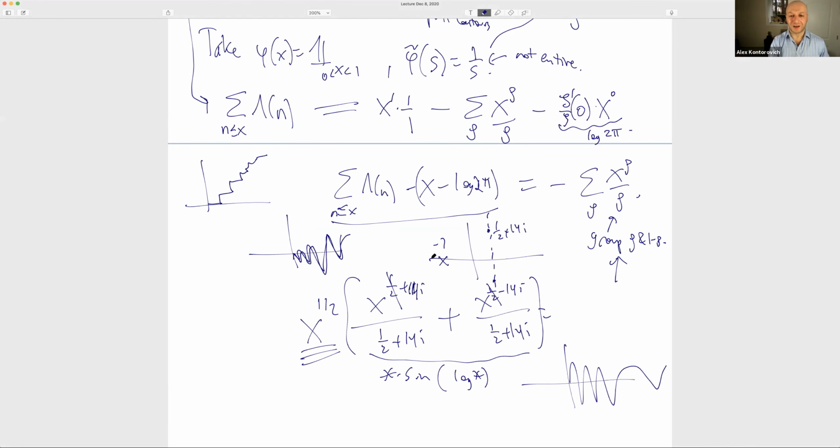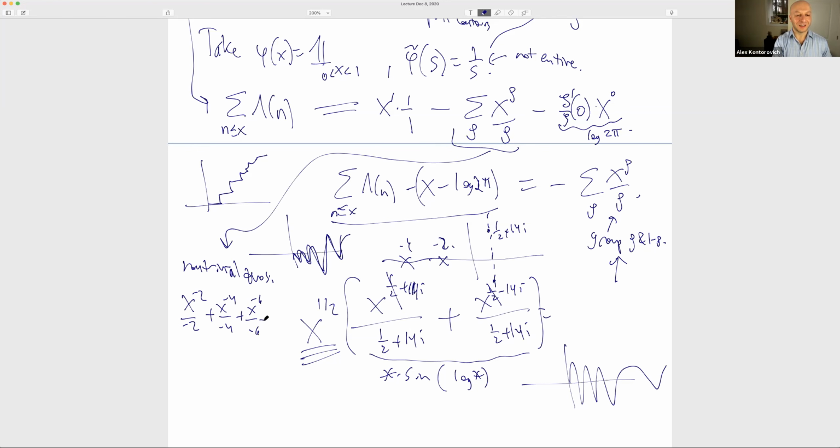So these zeros at -2, -4, you can handle these explicitly. I'll leave it to you. Let me just point out that the trivial zeros contribute x to the -2 over -2 plus x to the -4 over -4 plus x to the -6 over -6, and so on.